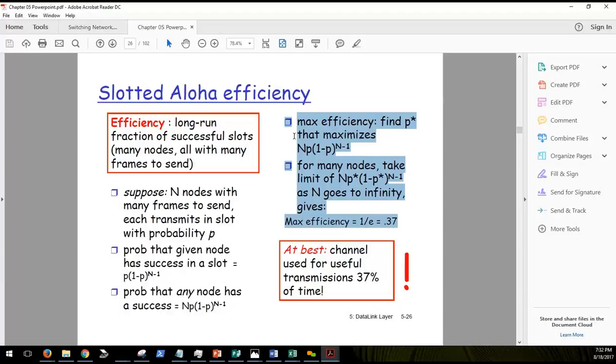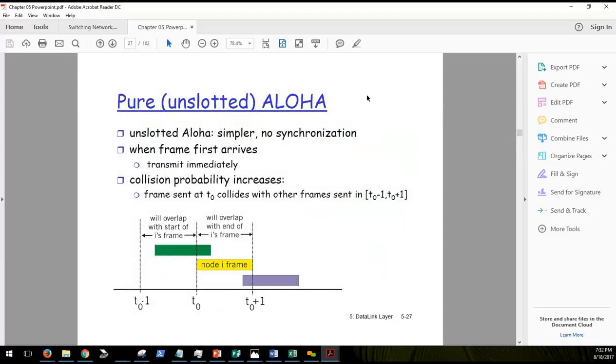Give me 1 second. Let me check one more time. Okay, go ahead. For 5.2?